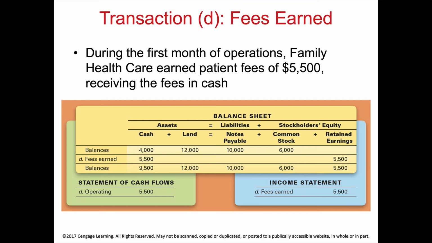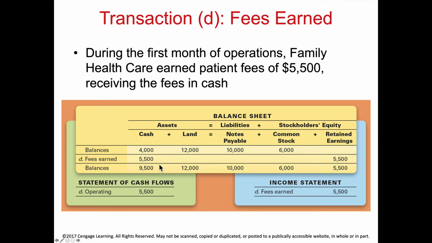It's the profits that you keep in the company, that you retain. And so when you earn those fees, when you earn revenues, that is going to increase your retained earnings over here. So again, our assets increased, we got cash, and our equity increased, we got retained earnings.